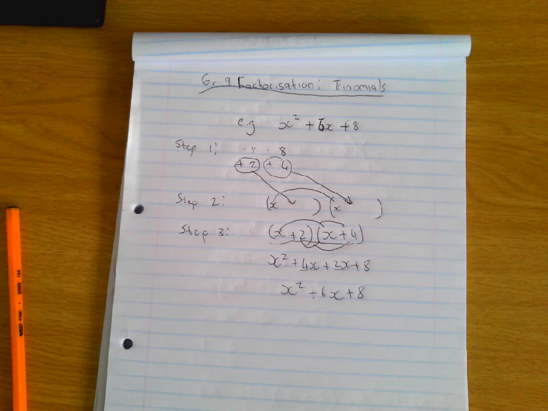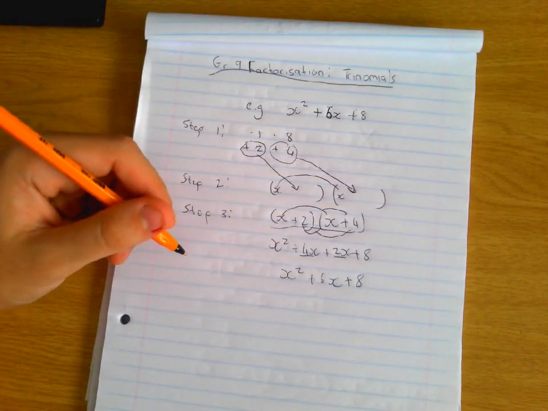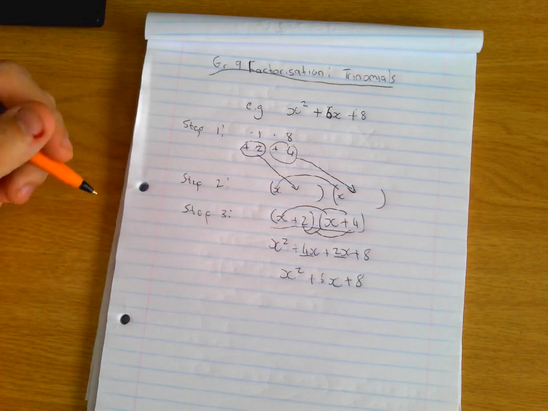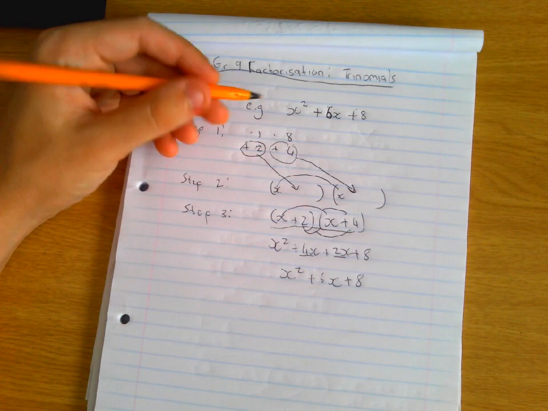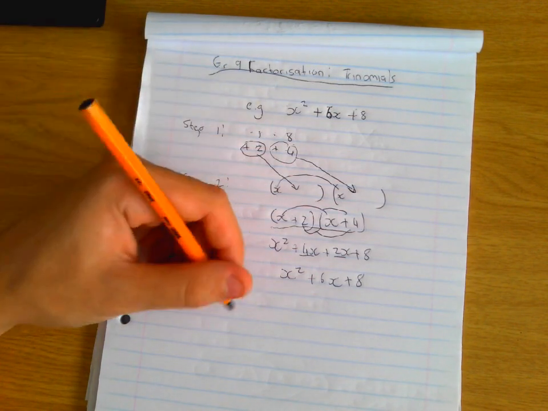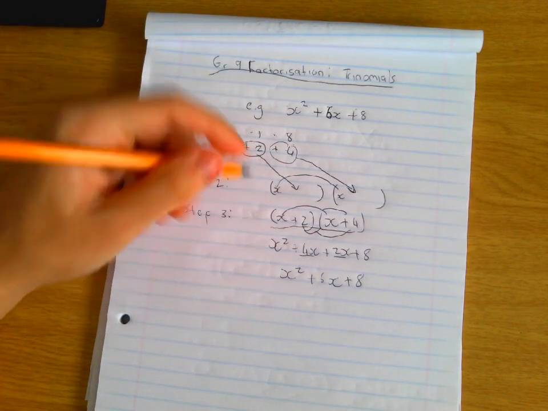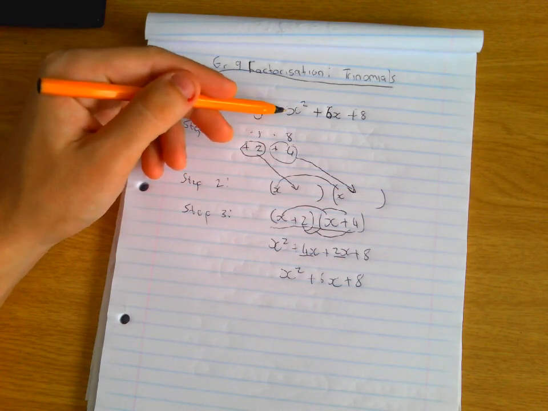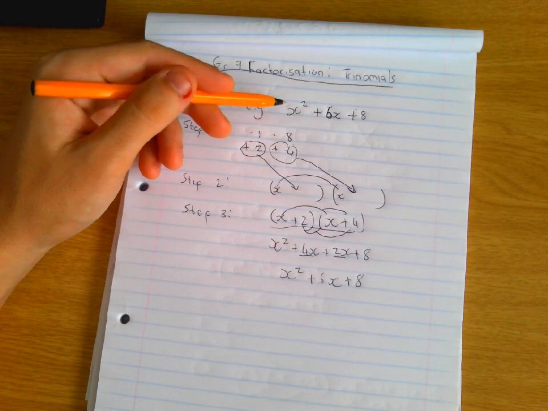Now, it can get a little bit more complicated than this. First of all, you'll note that when we usually do this sort of stuff, there's no coefficient in front of the x squared, so it's usually just 1, right?